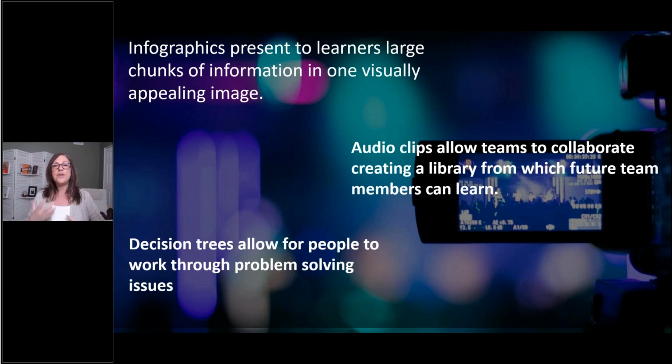So there are other things to consider before we slap stuff within a video. You have to think again about context. If you have a group of salespeople, for example, out wandering about, is a video a good way to send training to them? Not necessarily, because they're in their cars.